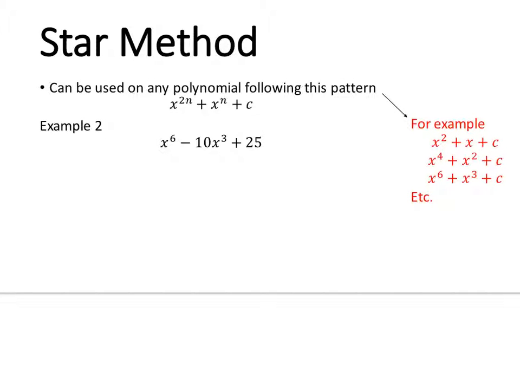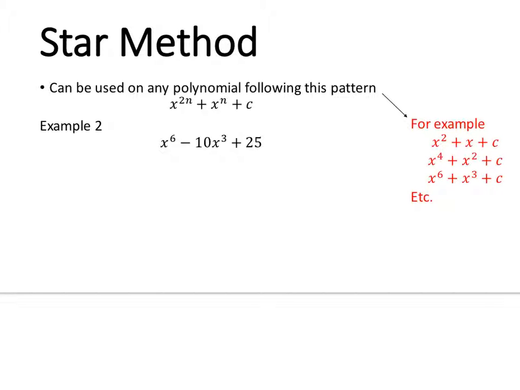The star method. You have seen the star method before. Again, polynomials have a higher degree than just 2. So I can use the star method for anything that follows this pattern. I have x to the 2n plus x to the n plus c, which really just means I have an even exponent first.